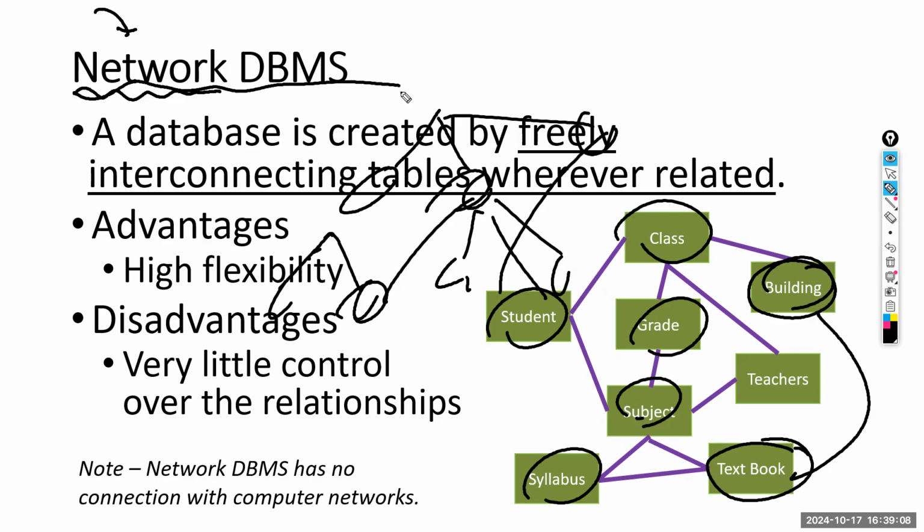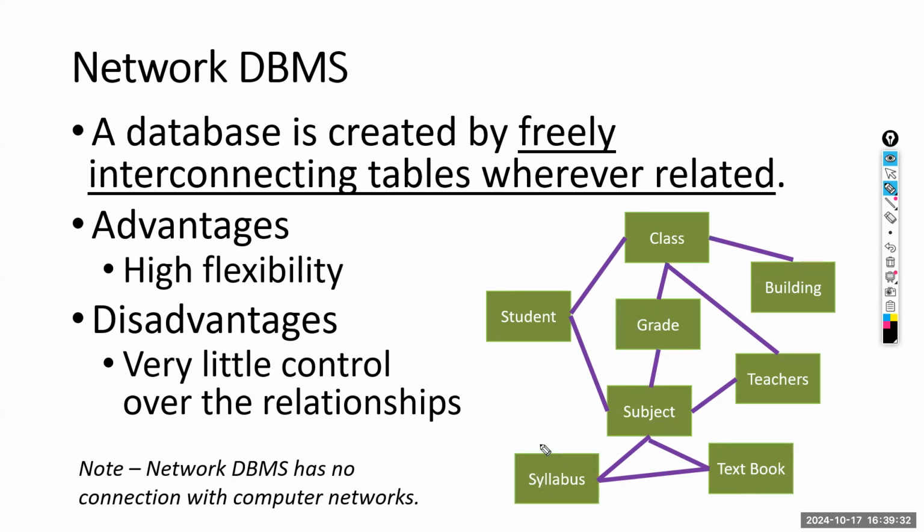Hierarchical database is the extremely tight control. Network database management system is extremely flexible, extreme liberty, freedom, right? Extreme freedom. And of course, now that problem is no longer there, because now you don't need to follow hierarchies to relate data. So therefore, it's efficient. Without following the hierarchy, you can relate data.